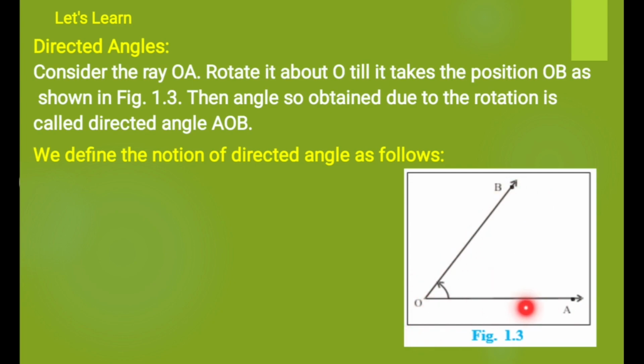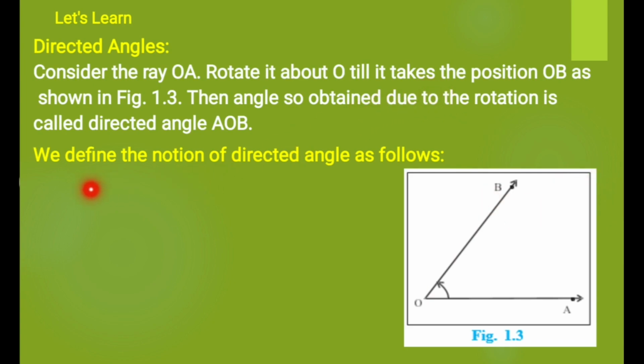That means we rotate OA to OB. Then the angle so obtained due to rotation is called a directed angle AOB. That means we fix point O and rotate the end point A. OA is initial, and when we rotate in the anti-clockwise direction, we mark from below to upper, so OA is initial and OB is final.